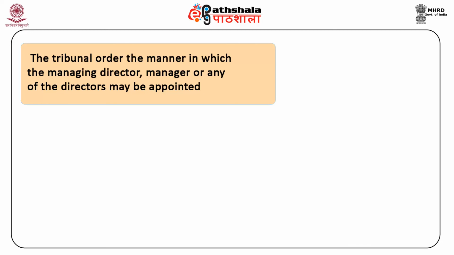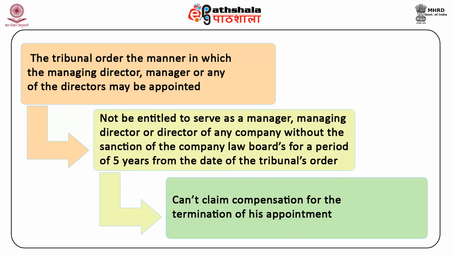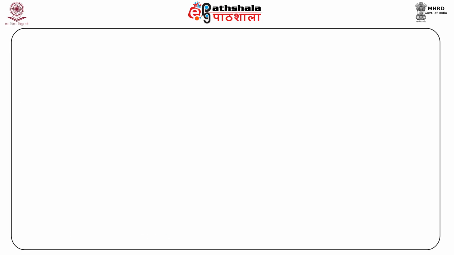Such a director, including the managing director, shall not be entitled to serve as a manager, managing director, or director of any company without the sanction of the company law board for a period of 5 years from the date of the tribunal's order terminating or setting aside his contract with the company. Further, he cannot claim any compensation for the termination of his appointment.